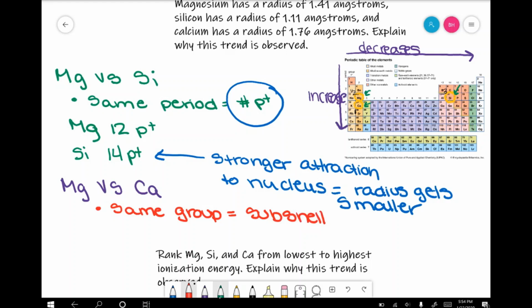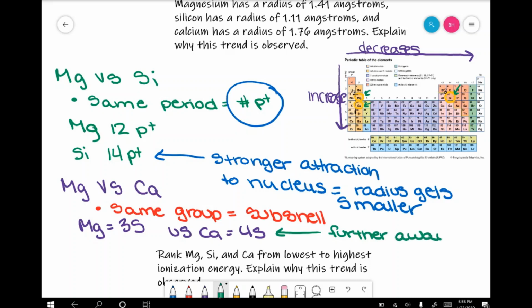So if we look at where magnesium is, magnesium is in the, let's see, that would be our 1, 2, 3, our 3s subshell, versus calcium, which is in our 4s subshell. Well, that 4s subshell is further away from the nucleus.